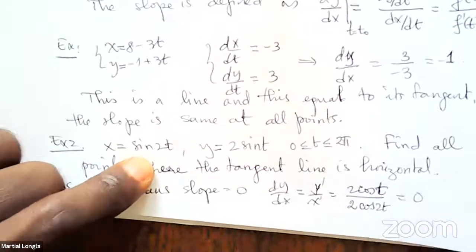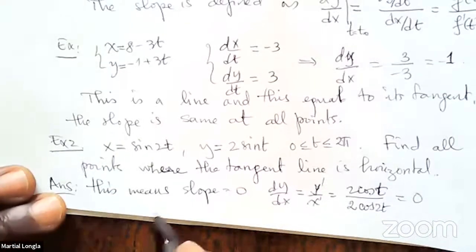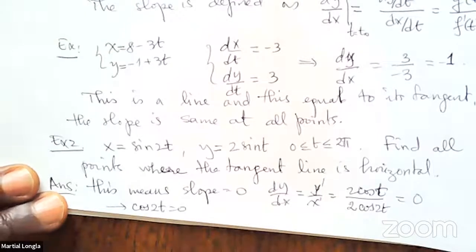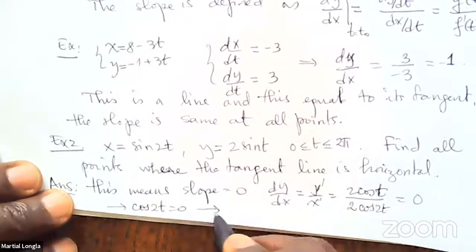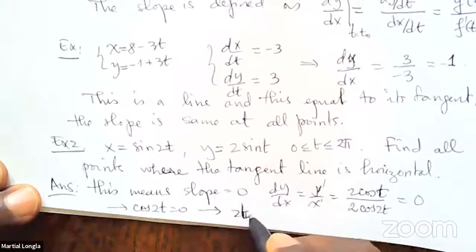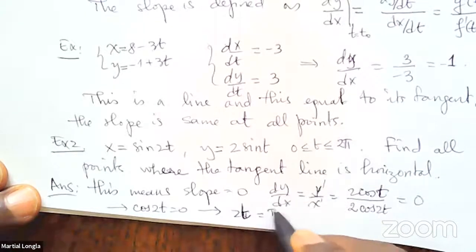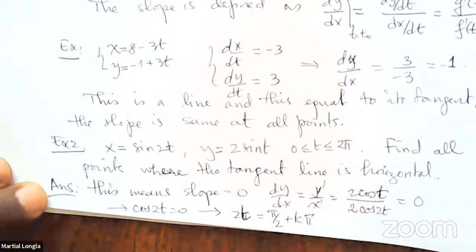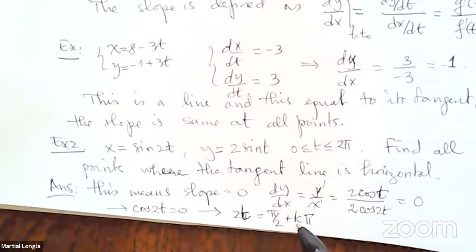You want that to be equal to 0, and you solve, and that gives you cosine 2t equals 0, which gives you 2t equals pi over 2 plus k times pi, where k is an integer.